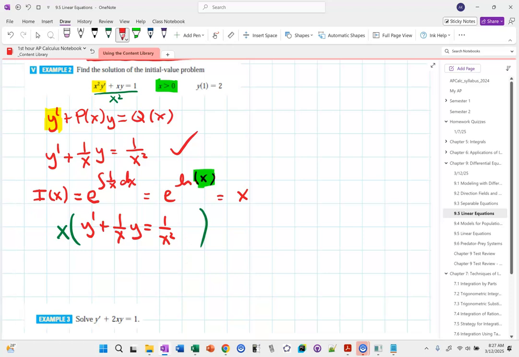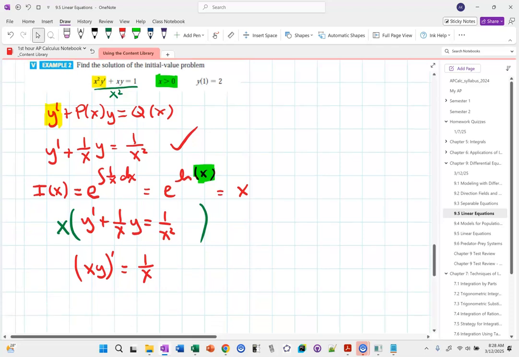My left-hand side becomes the derivative of I of x times y. And then I'll simplify the right-hand side. X times 1 over x squared is just 1 over x. This isn't looking too bad.